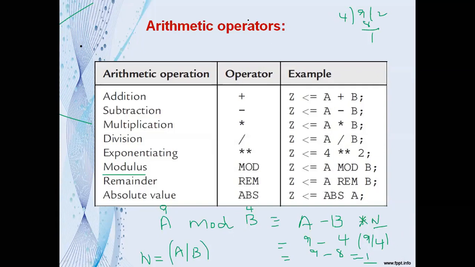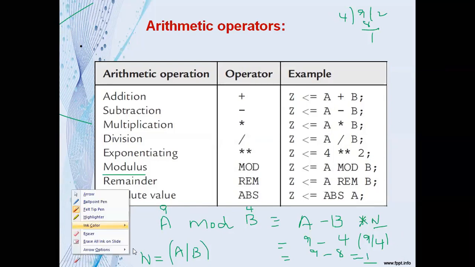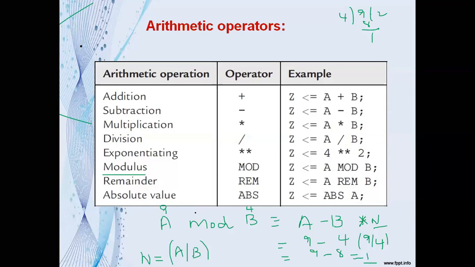Suppose you have a negative number in the data. Suppose A is 9 and B is minus 4. If B is minus 4, what will the result be? Still the value is 1 only. But what about the sign here? Will this result have a negative sign or a positive sign?